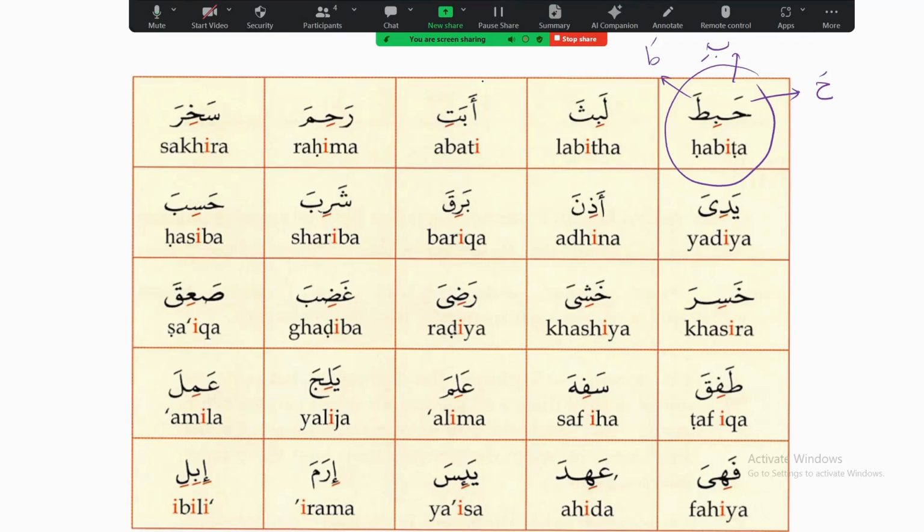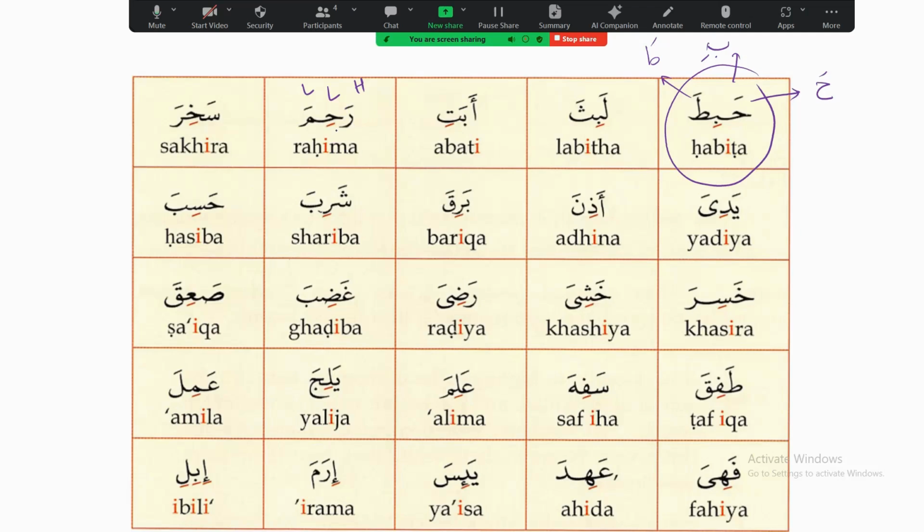When you are articulating the three letters, this exercise has all words with three alphabets. So you're supposed to give an equal amount of time to every letter, right? You're not supposed to overstretch one and ignore the other two. You're supposed to do this with all of the alphabets. A, ba, ti, in the same manner. Then we have a heavy letter, a light letter, and a light letter.